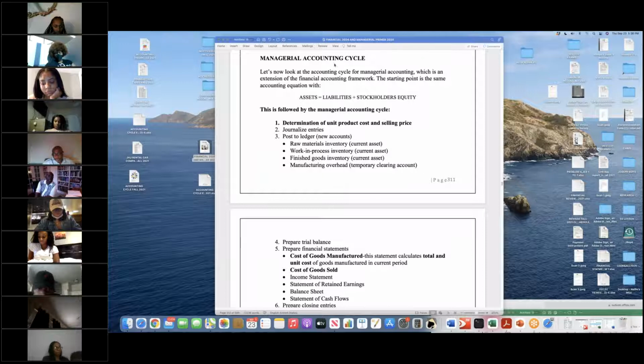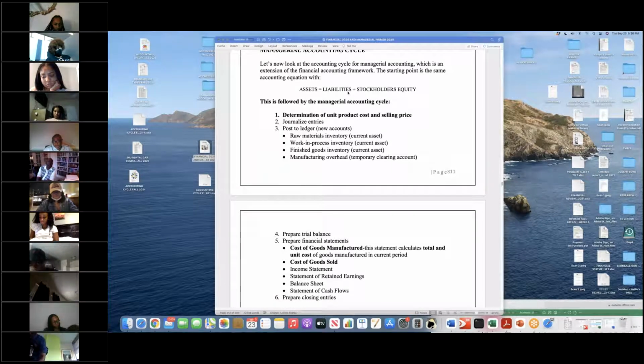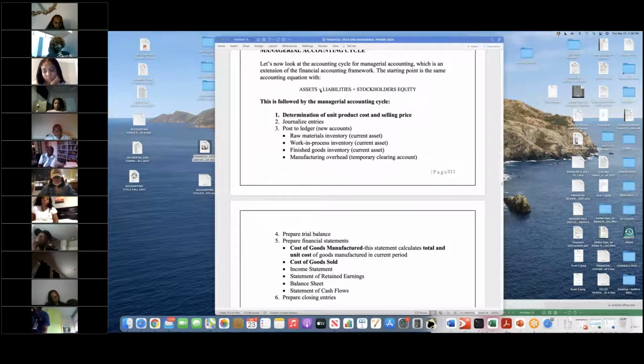So let's look at our managerial accounting cycle. Same general equation: assets equal liabilities plus stockholders' equity. But in the managerial accounting cycle, the first thing we're going to do is determine the unit product cost and selling price. That's what we're doing today.